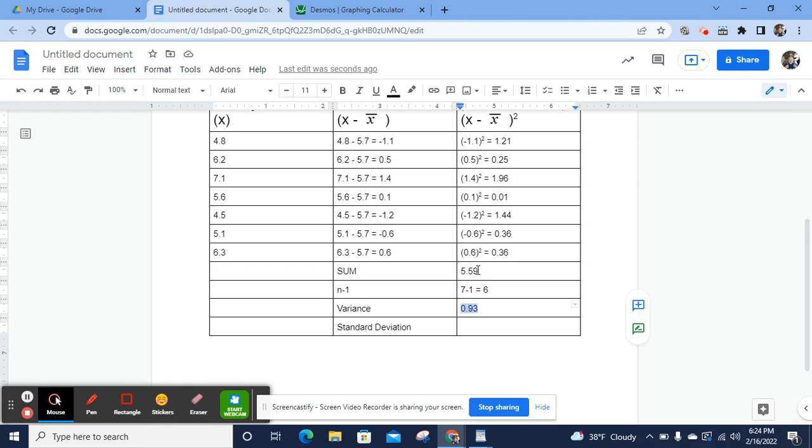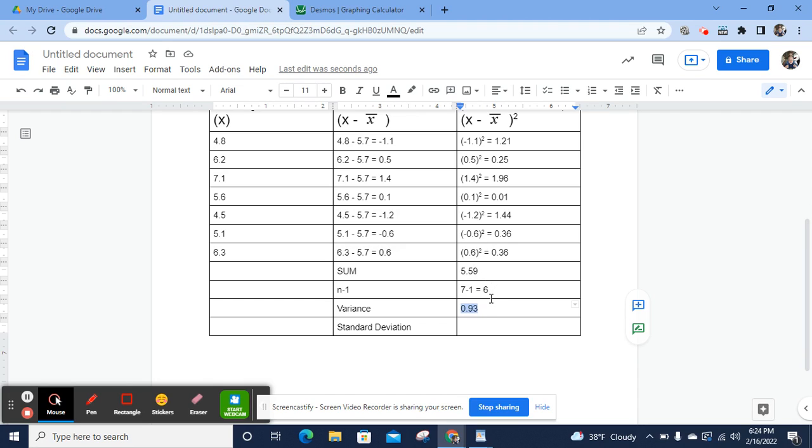So the standard deviation is the square root of this sum of squared differences, I should say, the square root of the quotient of this fraction, 5.59 over 6. 5.59 being the sum of the squared differences, 6 being the sample size minus 1.